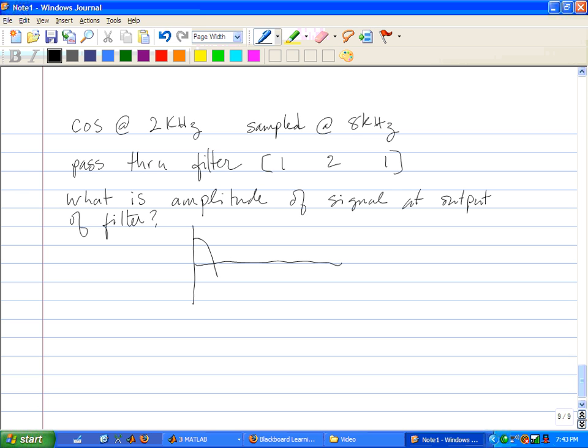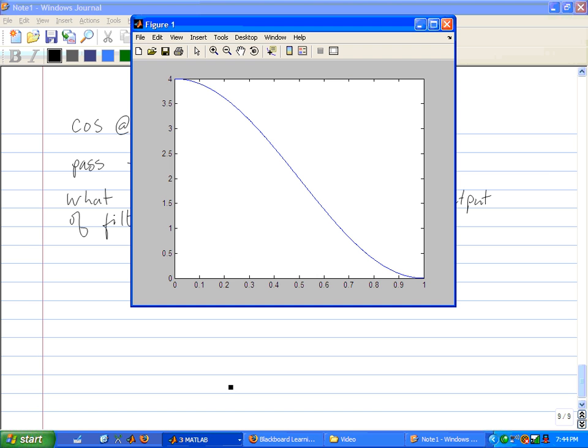Right, so your input goes from 1 to -1. That's its amplitude. Any thoughts? I'm sorry? 4. Okay.